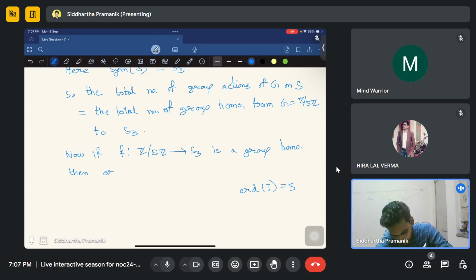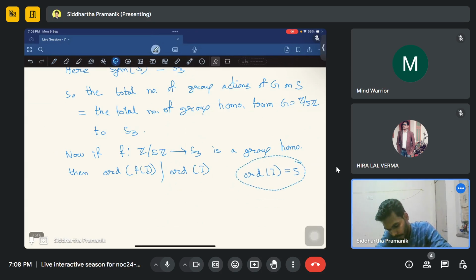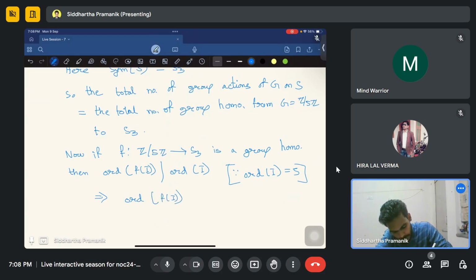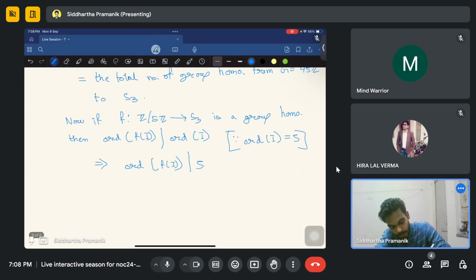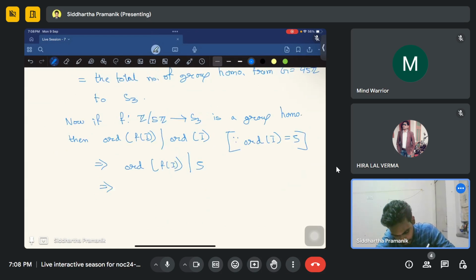So the order of f of 1 bar should divide the order of 1 bar. This is the property of group homomorphism. So this implies the order of f of 1 bar divides 5, but 5 is a prime number.